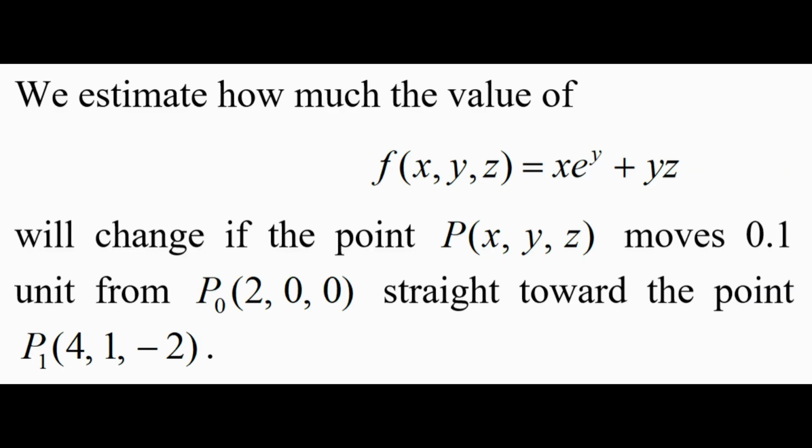As an example, we estimate how much the value of the function f of three variables x, y and z defined by x e raised to y plus yz will change if the point P moves 0.1 unit from the point P naught with the coordinates 2, 0, 0 straight toward the point P1 with the coordinates 4, 1, -2.